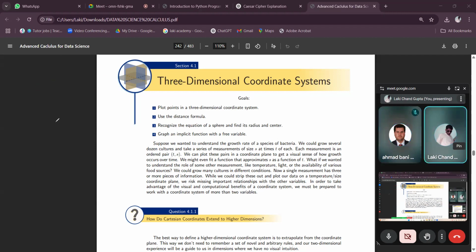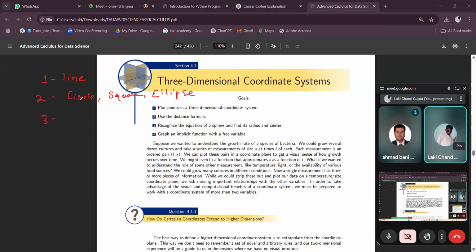So one-dimensional represents a line. Two-dimensional represents a 2D figure. A 2D figure means a circle, square, ellipse, anything.